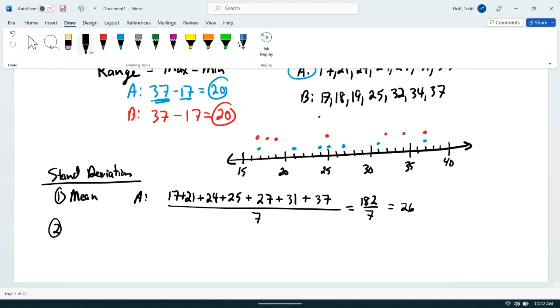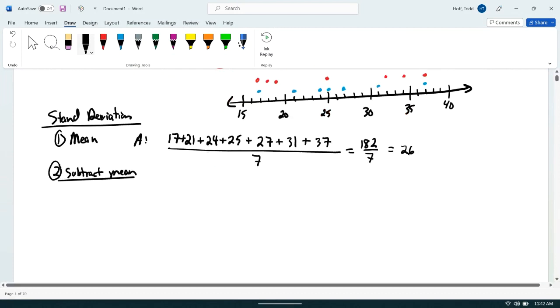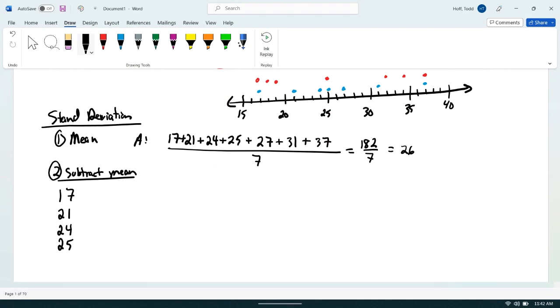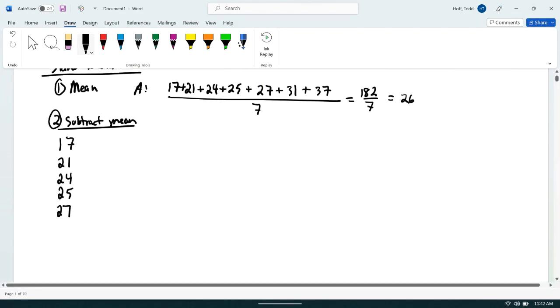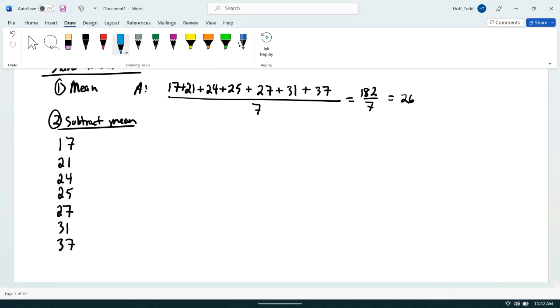Step 2 was then subtract the mean from each. So I have my 17, 21, 24, 25, 27, 31, and 37. And from each of those, I'm going to subtract that mean of 26.